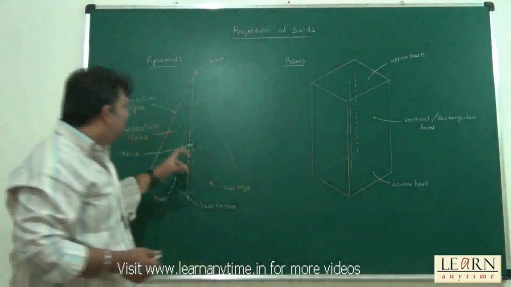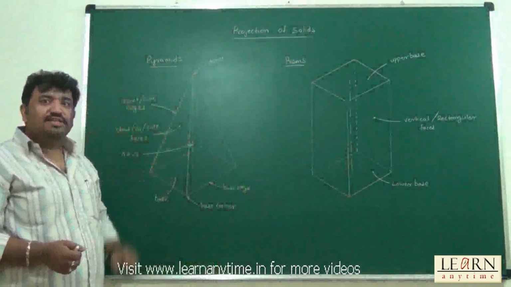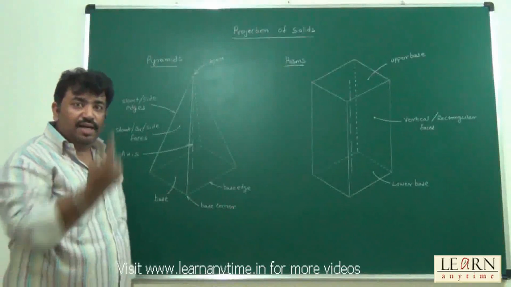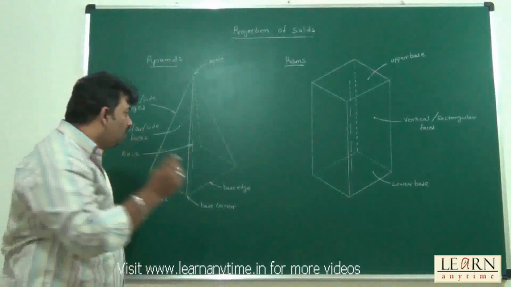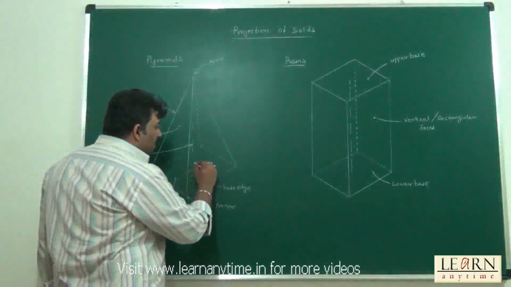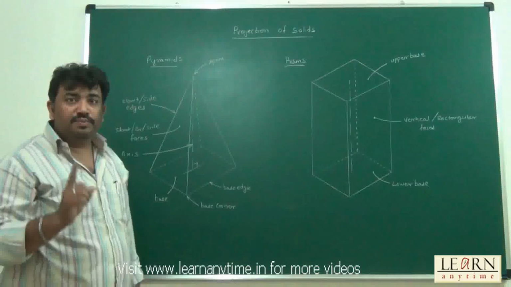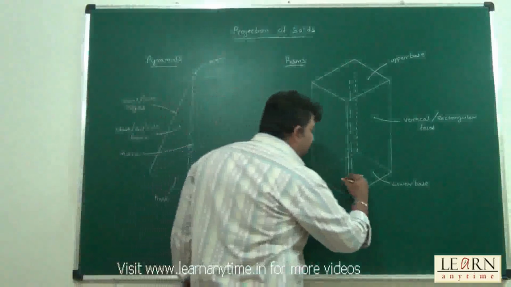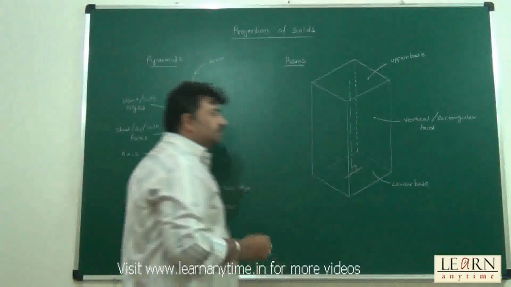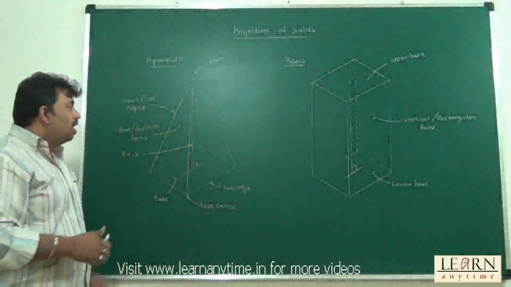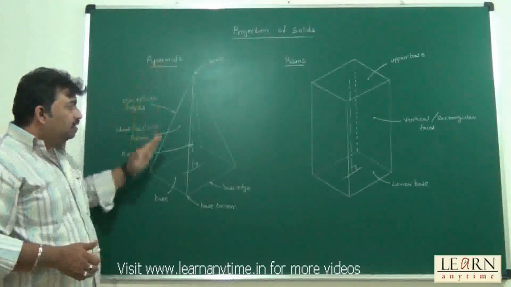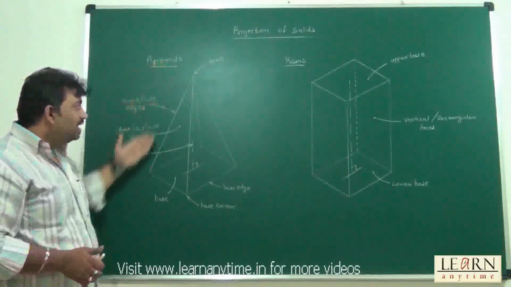Okay, now there is an axis. This axis is an imaginary line which is available inside the solid, and it is always perpendicular to the base. Now apart from that, in case of pyramids, you have slant edges.